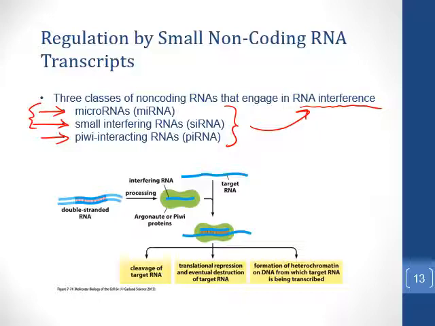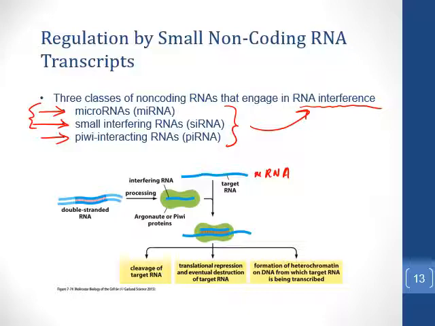And so the idea is this: we've got a target RNA. This is our mRNA. Now, do we want to translate that or not? We've already talked about some mechanisms that can be involved in determining whether or not it gets translated or degraded. What we're talking about here is yet another mechanism, a really important mechanism as it turns out.